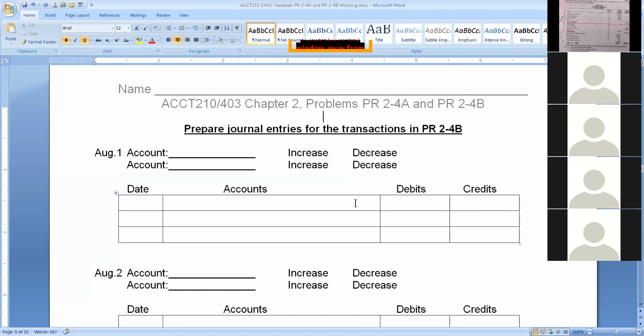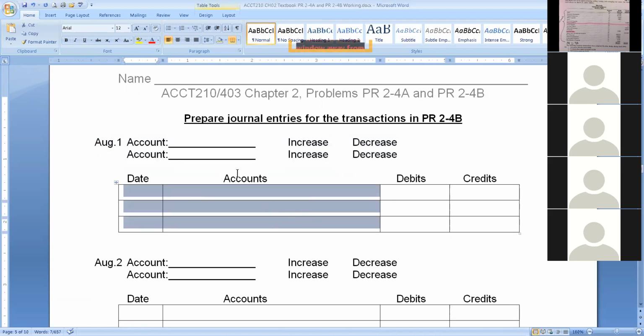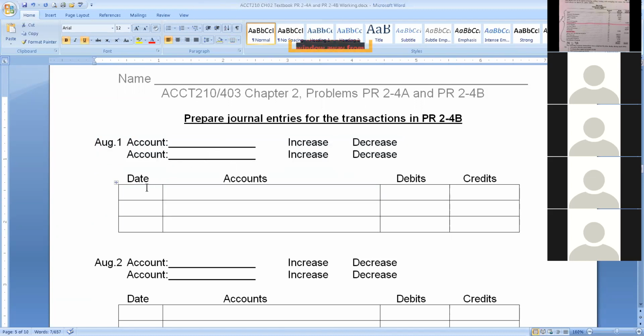Yeah, and by the way, if you want to do these by hand, that's fine too. And if you don't feel like you need to do these anymore, you don't have to. If you feel like you can just pick the two accounts and jump into here, that's fine.